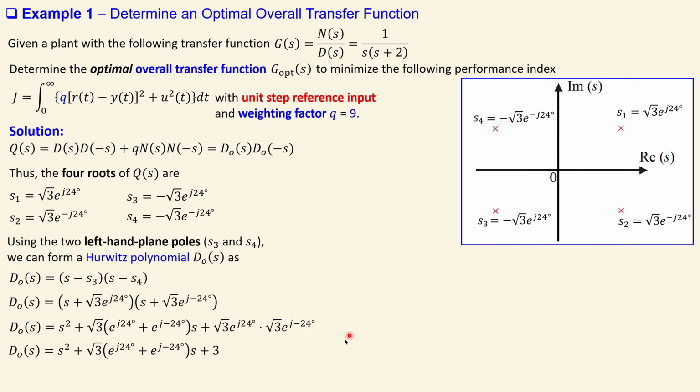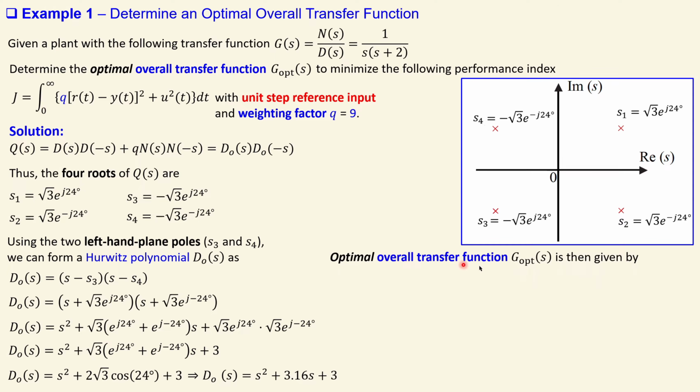So that goes to just 3. And this part is really similar to a cosine expression using Euler's formula. That's actually 2 times the cosine of 24 degrees. Then you will get D0, the polynomial we want, as s squared plus 3.16 s plus 3. This is actually the square root of 10 in exact form, and 3.16 is just an approximation.